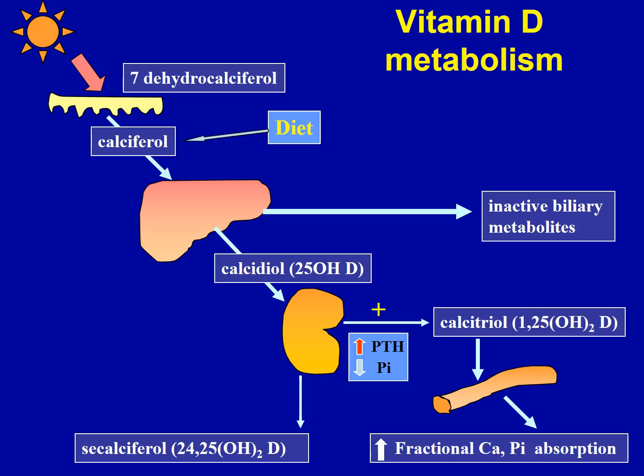Just to remind you about vitamin D metabolism, because this is what was relevant to the patient we discussed. We get some vitamin D in our diet, but most of it we get from sunlight exposure, and the bioactive form of vitamin D is the 1,25-dihydroxyvitamin D moiety, which impacts on calcium and phosphate metabolism by stimulating gut absorption of each of those minerals.